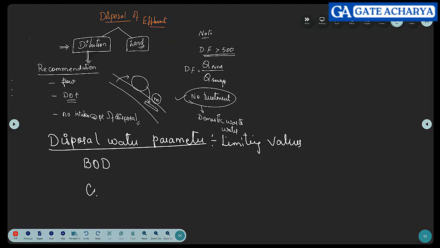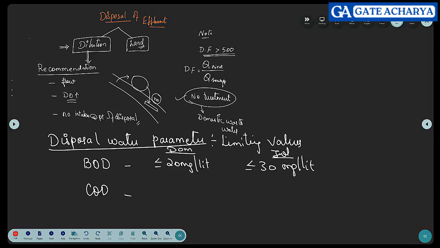BOD, COD, apart from that, oil and grease, total solids. BOD should be less than or equal to 20 milligram per liter, less than or equal to 30 milligram per liter. So this is for domestic, this is for industrial waste.